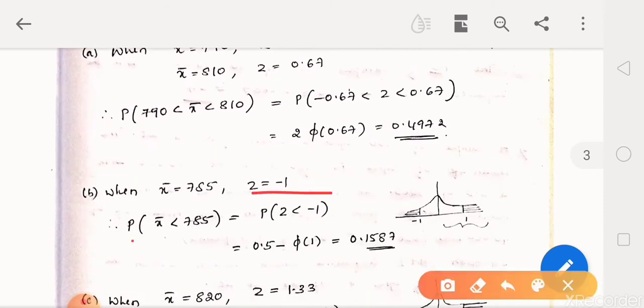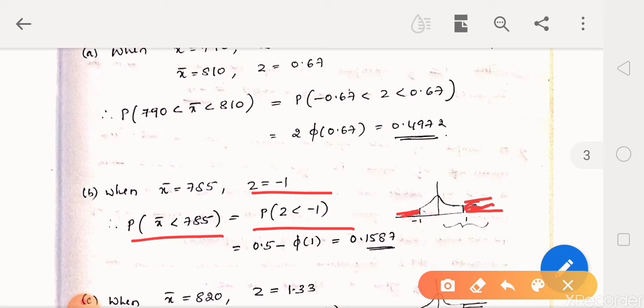So probability where x bar is less than 785 is same as probability where z is less than minus 1. We consider the standard normal curve. So z less than minus 1 is this region. Since the curve is symmetrical about the line z equal to 0, we can consider the region after z equal to 1. So these two regions are equivalent.